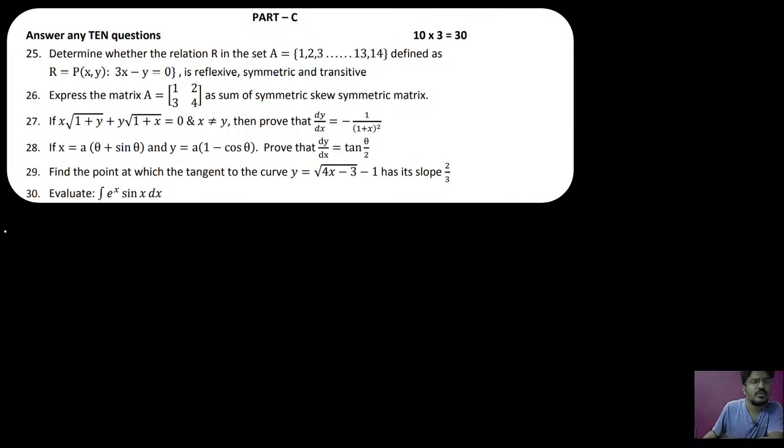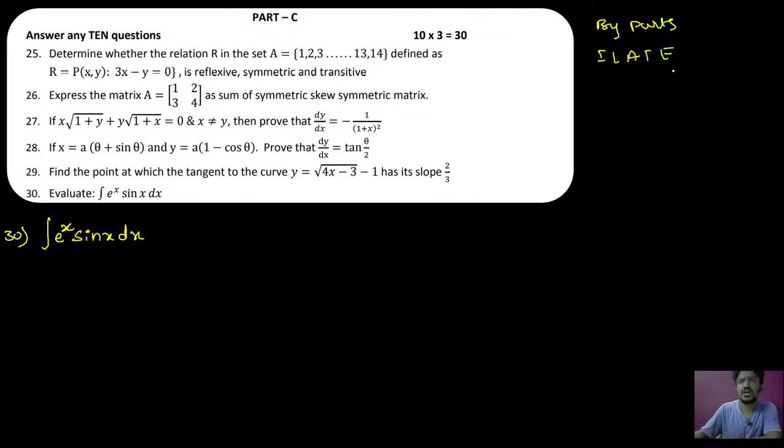Now we can go for the 30th problem. See problem number 30, that is integration of e to the power of x into sin x with respect to dx. So this is integration by parts. To solve integration by parts, you must know ILATE. Here exponential is the second function, trigonometric is the first function.